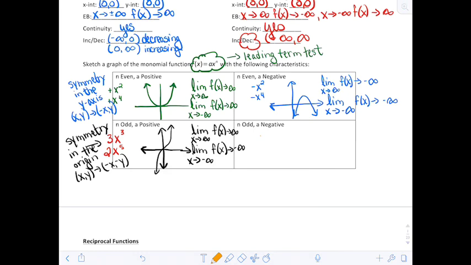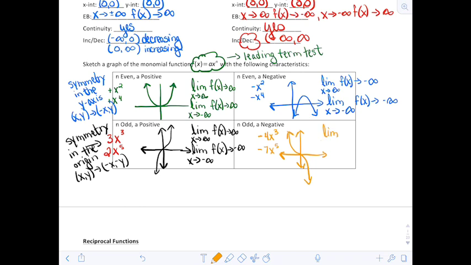Maybe I have a negative 4x to the third and a negative 7x to the fifth. That function is going to look something like this, as far as their behaviors.